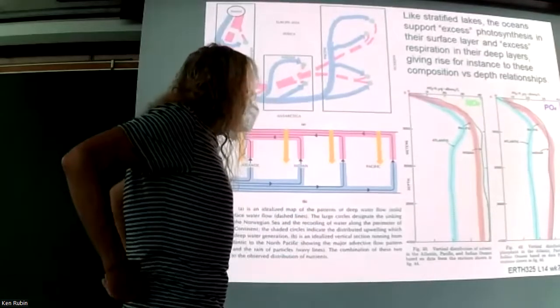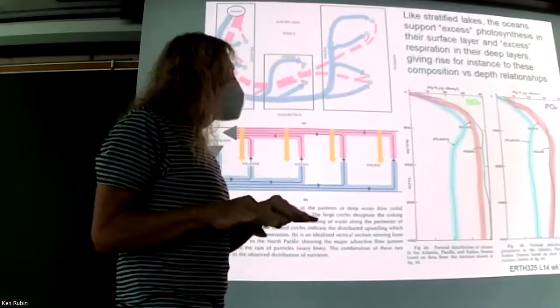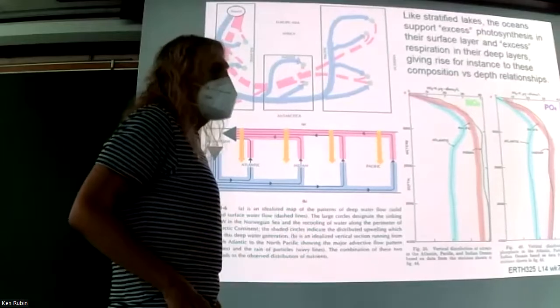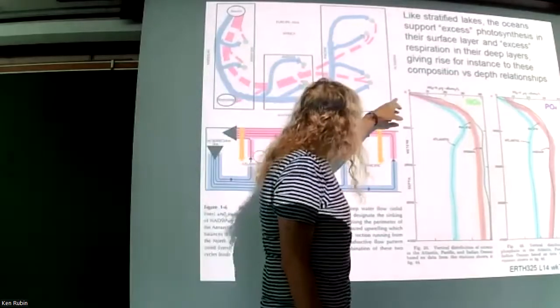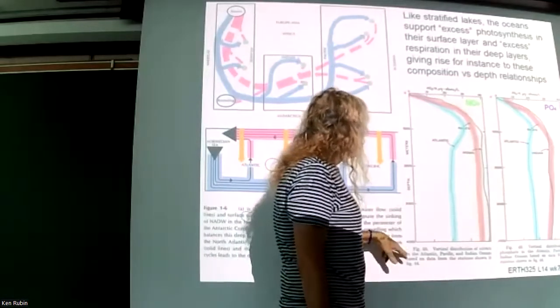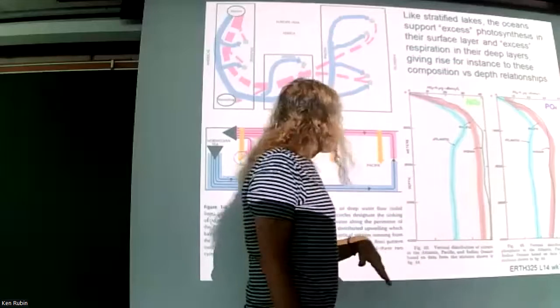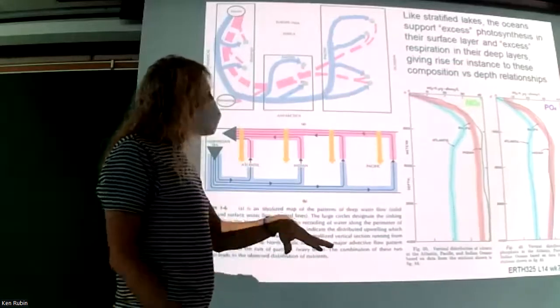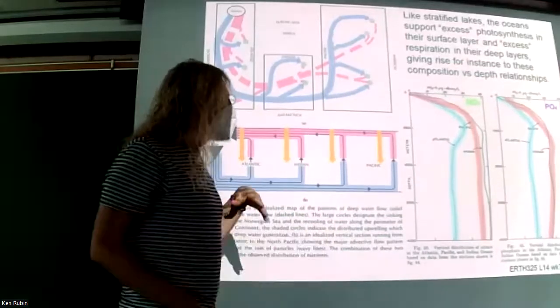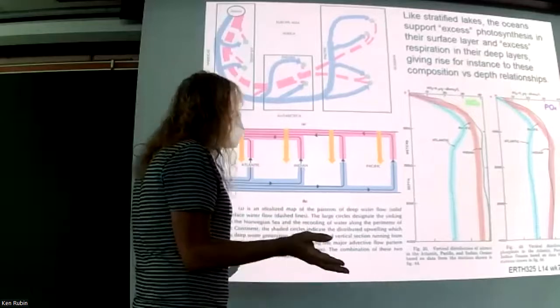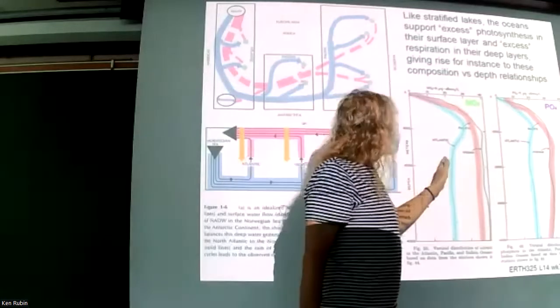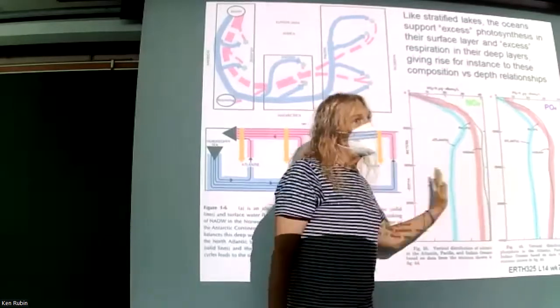But if we look at the profiles of nutrient concentration with depth, you can see here these go full ocean depth, 0 to 4 kilometers. We look at three places in the simplified model: the middle of the Atlantic Ocean, the middle of the Indian Ocean, and the middle of the Pacific Ocean. You'll see that nitrogen and phosphorus increase as we go down.